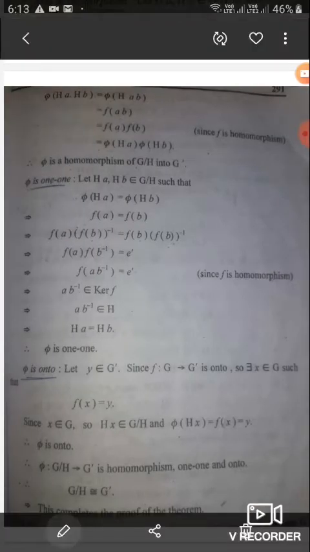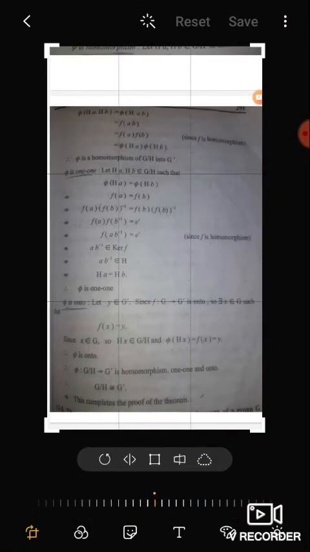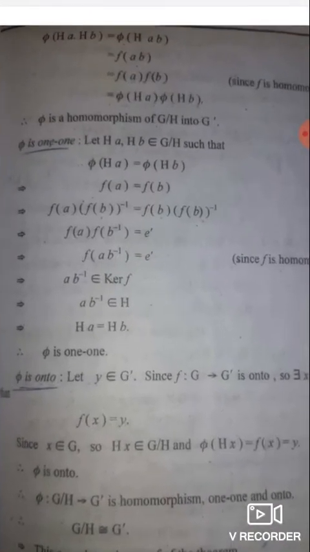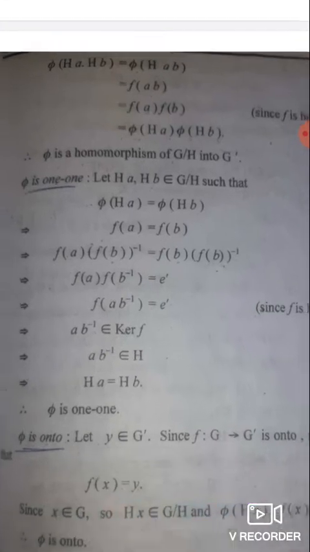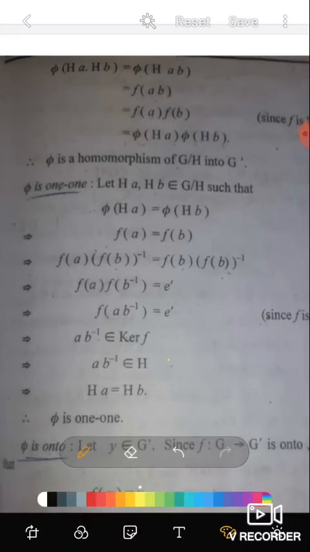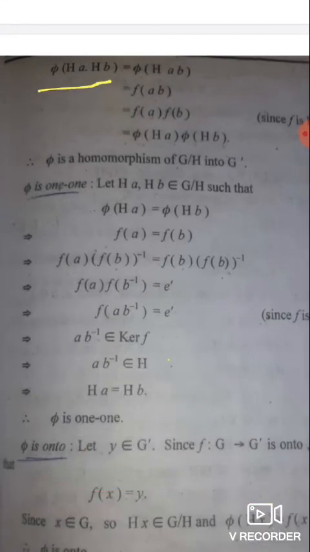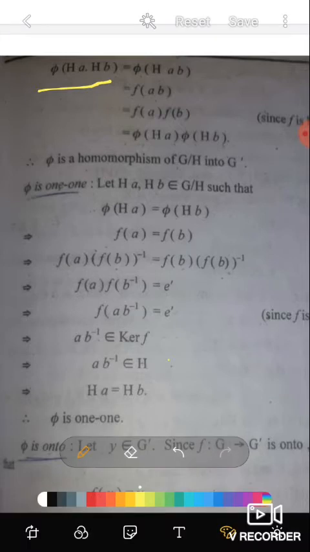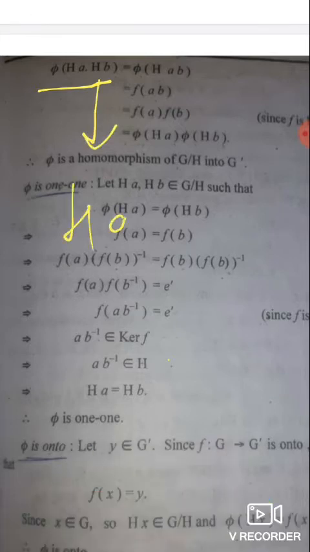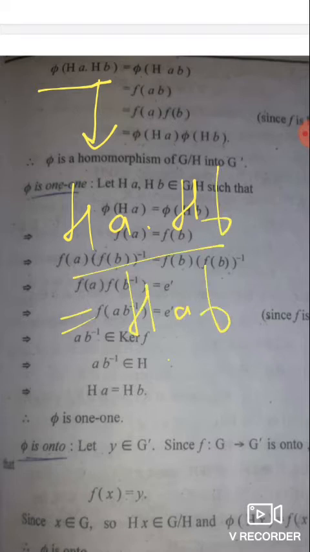We will consider the left hand side. Now we know how two cosets are multiplied. These are multiplied like this. So we will write this thing.